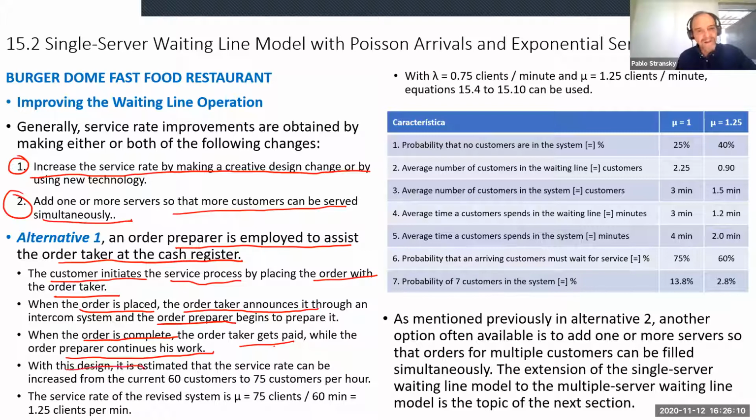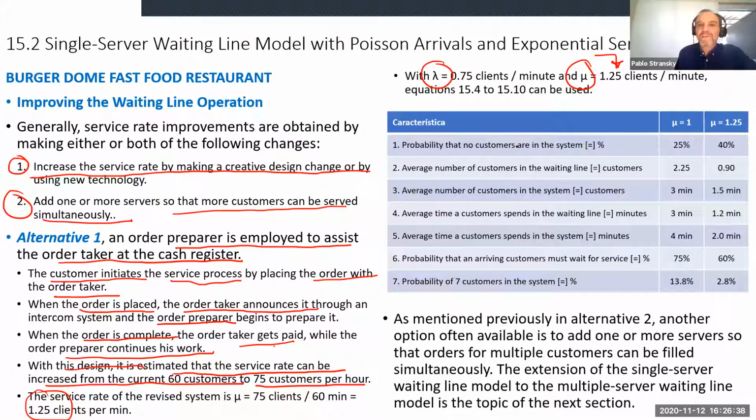With this design, it is estimated that the service rate can increase from the current 60 customers to 75 per hour. That means instead of having 1, they will go to 1.25. And so lambda stays the same, it doesn't change. And now mu, instead of being 1, is going to be 1.25.